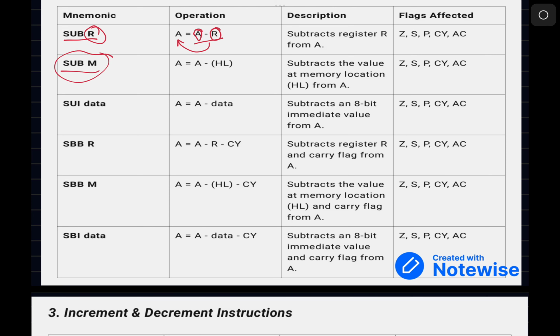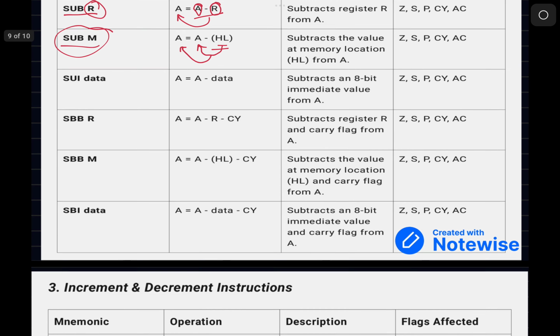Likewise, in SUB M also, the content of the memory location, which is pointed by the HL pair, should be subtracted from the content of the accumulator, and the difference is stored in the accumulator.